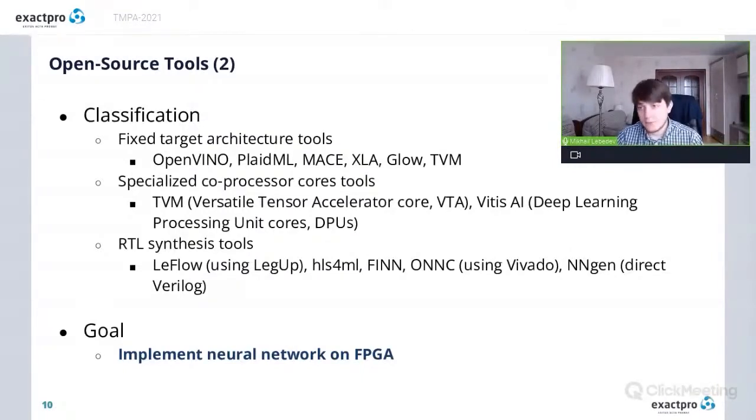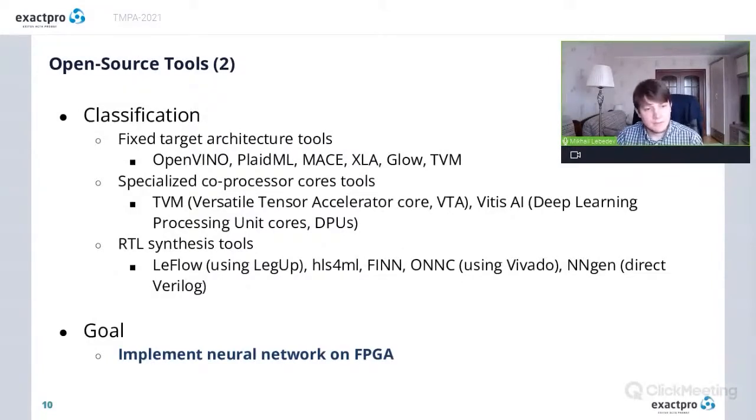The second group are the tools that use specialized coprocessor cores to run neural networks, and these cores can be programmed into the FPGA or maybe some hardware.